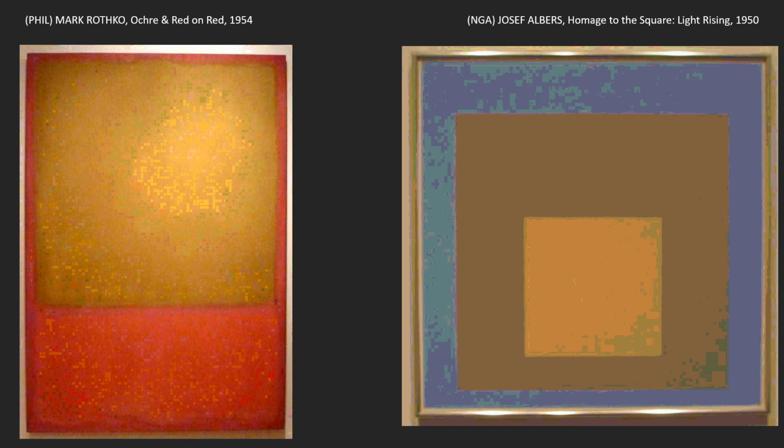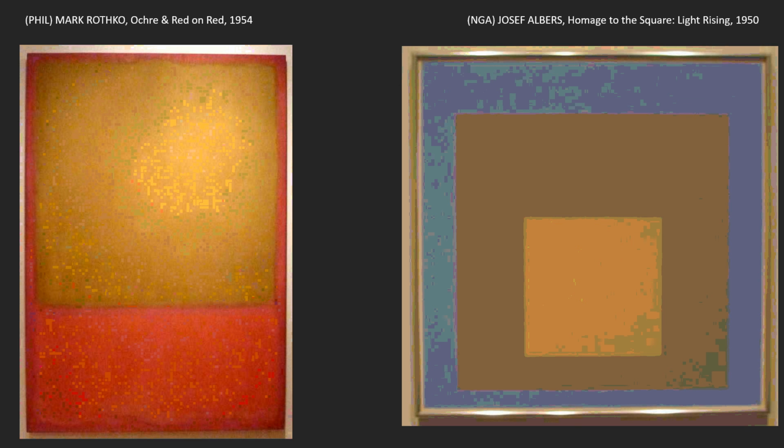The whole point of these is to understand, in a very simplistic, non-representational way, what ideas, thoughts, and emotions are evoked by color interplay. This is why he always gives them secondary titles like Light Rising, because it suggests the rising of the sun. But they're all called Homage to the Square.